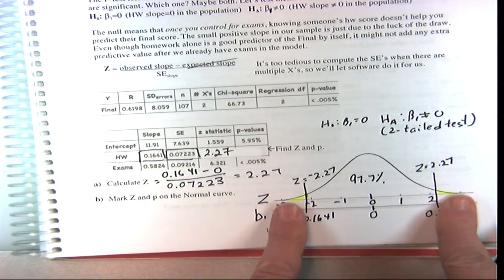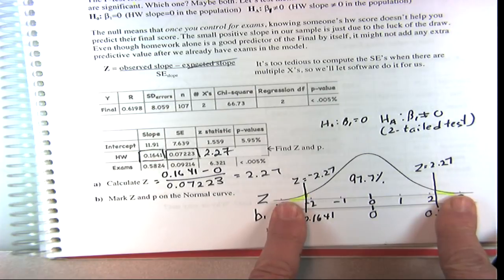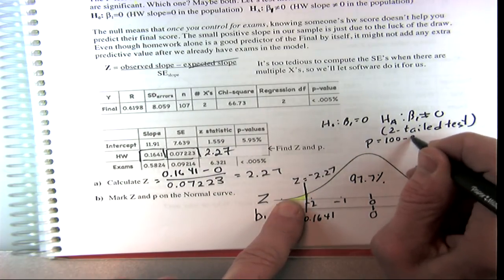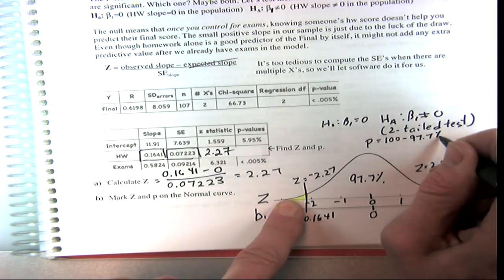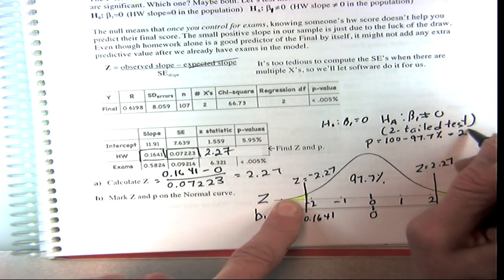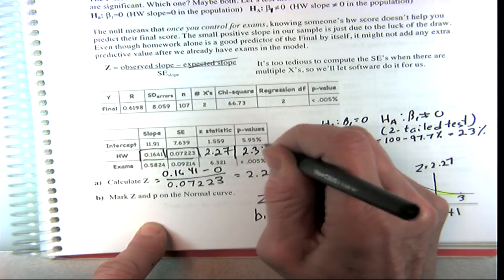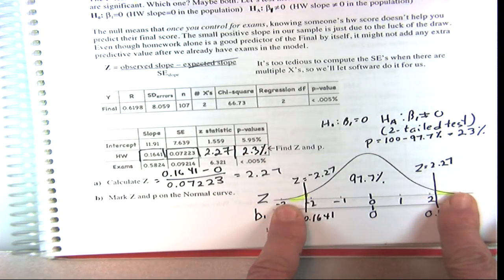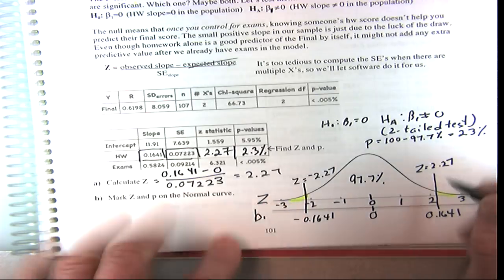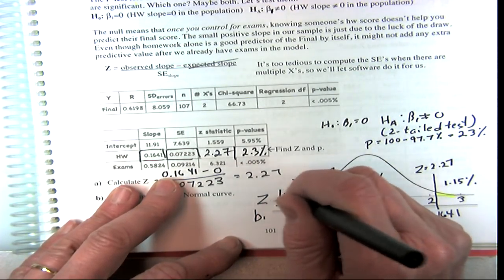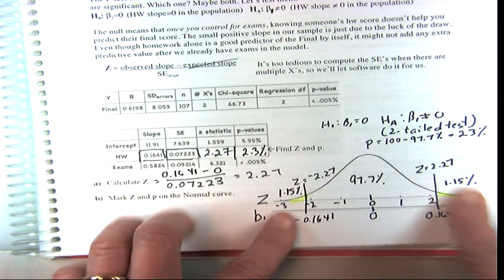So that means that together these two must be what? 100. So our p for the two-tailed test is going to be 100 minus 97.7%, which is equal to 2.3%. Okay? So together they're 2.3. So each one must be 1.15% on that side and 1.15% on that side.